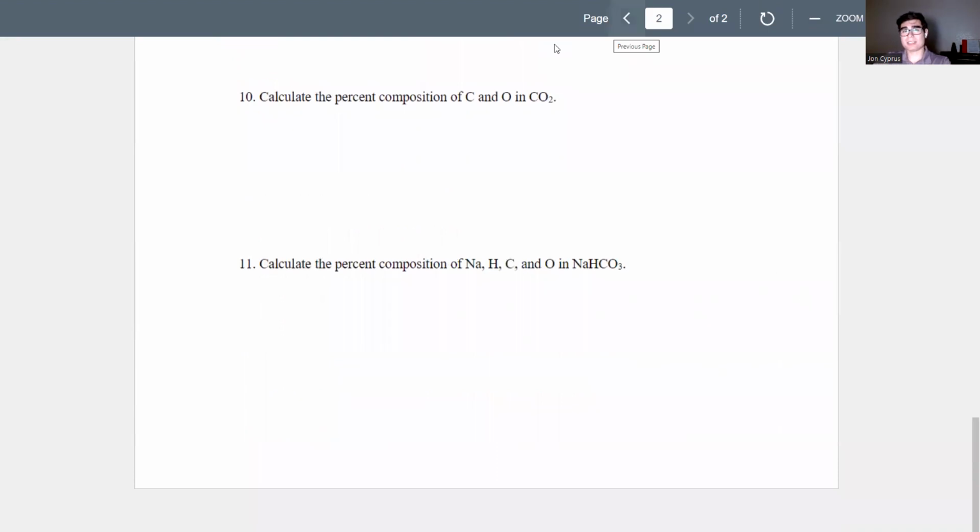Last one, it says calculate the percent composition of Na, H, C, and O in this. So just to kind of start this off, we have to find the mass of each. So the mass of Na, let me check. I think it's 23. Yeah, it's 23 grams per mole.